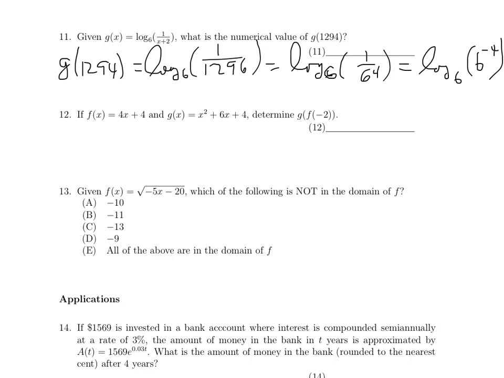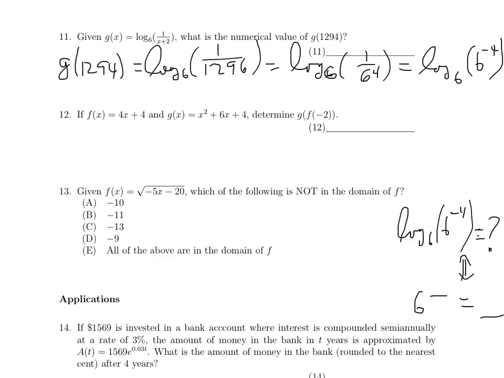Let me just write down here. Because remember, when we're trying to figure out exact values, we can always set this up as an equation. The log base 6 of 6 to the minus 4th equals blank, and then rewrite that using exponential form. We know that exponentially this should be 6 to something equals something, and the role of the input and output should be switched.